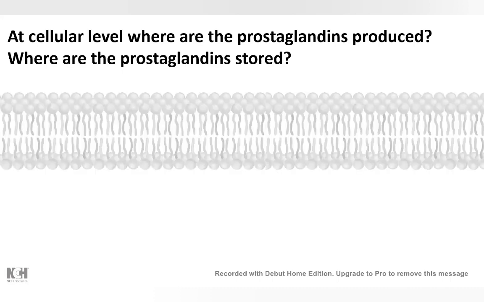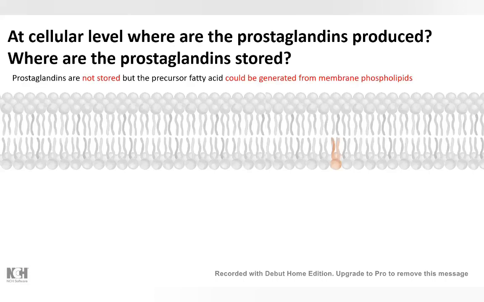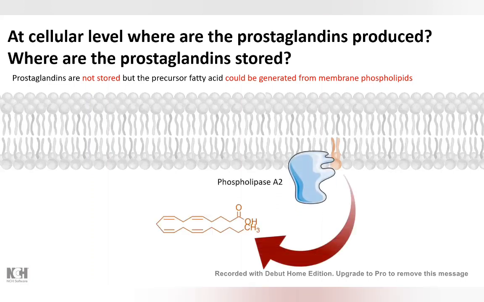Prostaglandin synthesis takes place from the membrane phospholipids. If the membrane phospholipids are cleaved by phospholipase A2, it releases the precursor for prostaglandin synthesis, which is arachidonic acid. From that arachidonic acid, in sequential enzymatic steps, prostaglandins are produced.